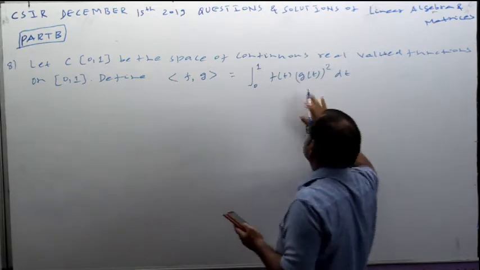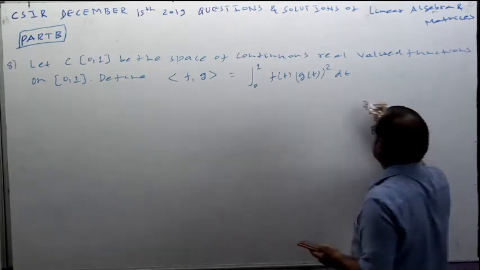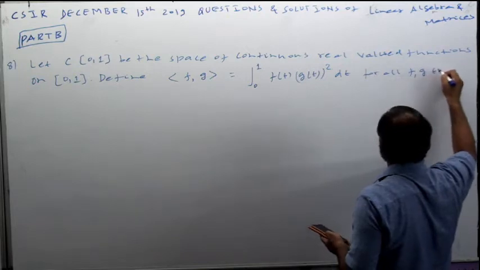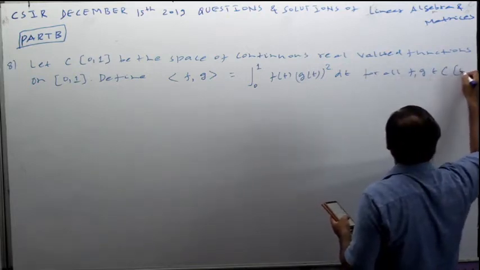The usual inner product is f(t) into g(t) dt, for all f, g belonging to C[0,1].